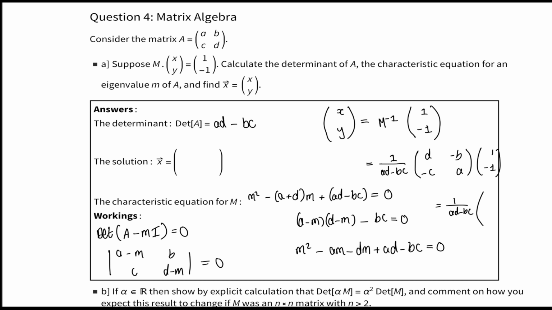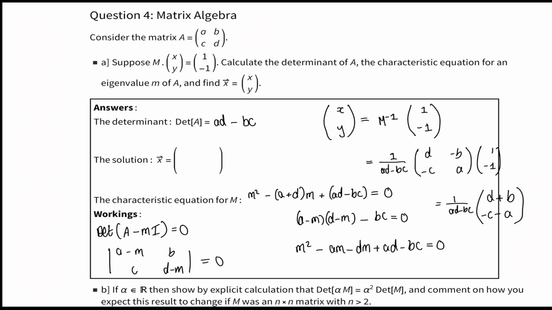And so we get D plus B and minus C minus A. So our solution is going to be D plus B all over AD minus BC and then minus A plus C all over AD minus BC.